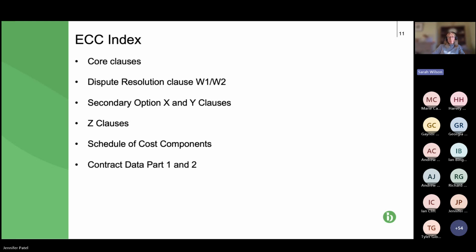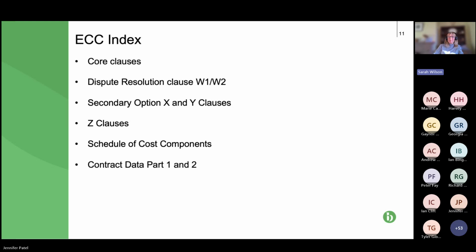And then finally, for the ECC, right at the back of the contract, we have the schedule of cost components, which sets out what costs are payable. So it's sort of a list of rules as to what the contractor is entitled to claim in certain circumstances.